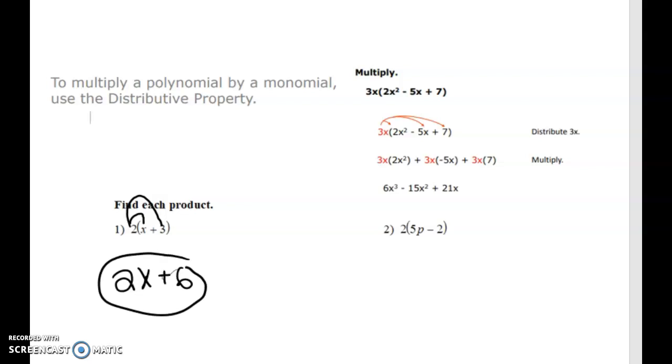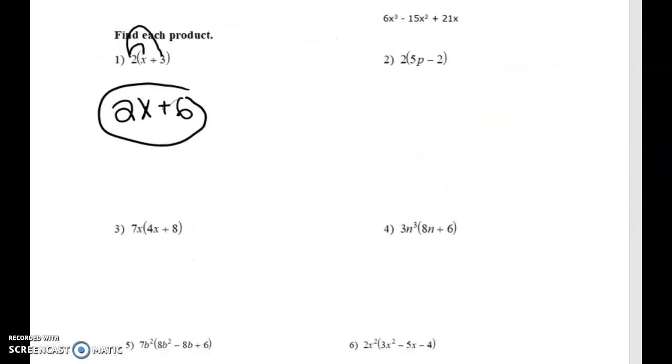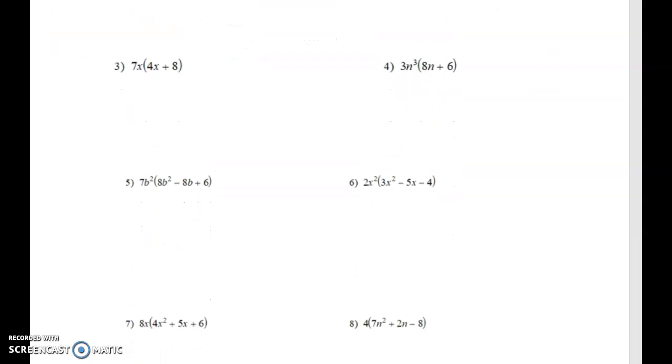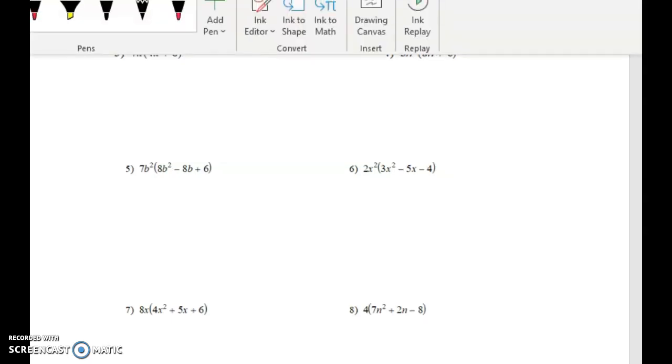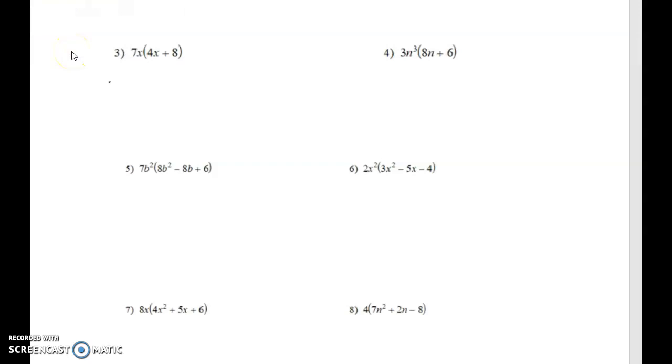All right. I'm going to do a couple more here. And then whichever ones I don't do, I'm going to do 3 and 5 with you, and then you guys can do the rest. All right, so let's look at the next one, number 3. We're going to do 7x times 4x. So 7 times 4 is 28.